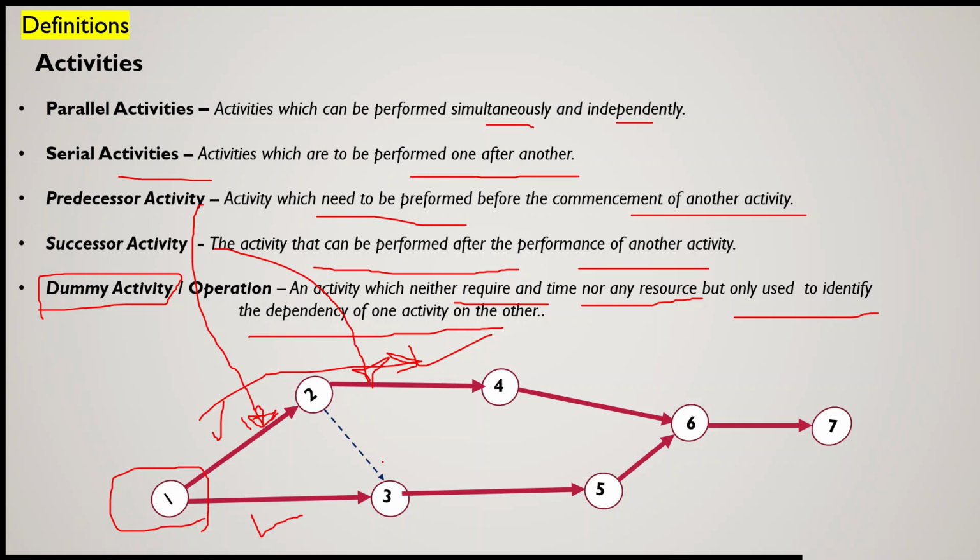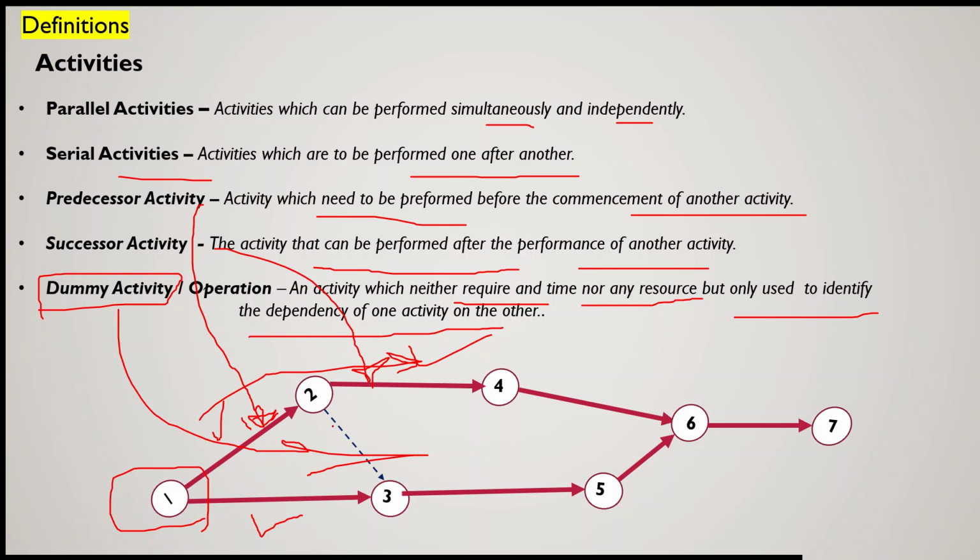Now you see here one dotted line. This dotted line is basically a dummy activity. It is very clear that activity 3-5 can begin only after the completion of activity 1-2. They are not directly connected, but the start of this activity depends upon the completion of activity 1-2.